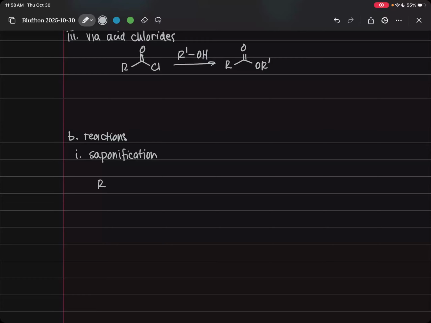So you take an ester. This could be a triglyceride from fat or something. And we react it with sodium hydroxide and then acid after the reaction's done. Saponification is just base hydrolysis of an ester.